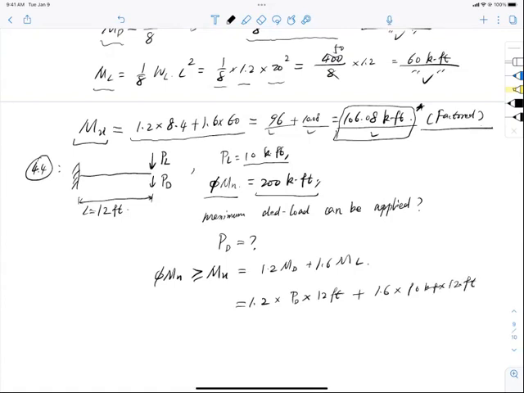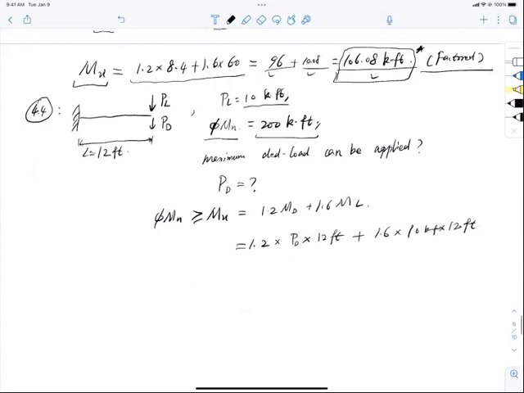Because that is the cantilever thing. So now I have on the left-hand side 200 kip-foot, right-hand side, this fellow here. So PD would equal 200 minus 1.6, so sorry, 16 minus 12, multiplied by 12, and divided by 1.2, multiplied by 12 feet. So now that would be my dead load that can be exerted on the beam.